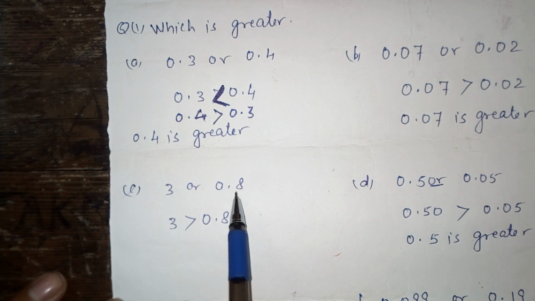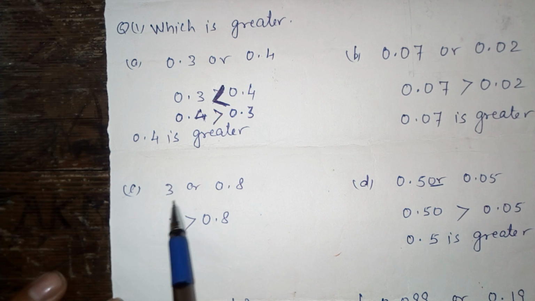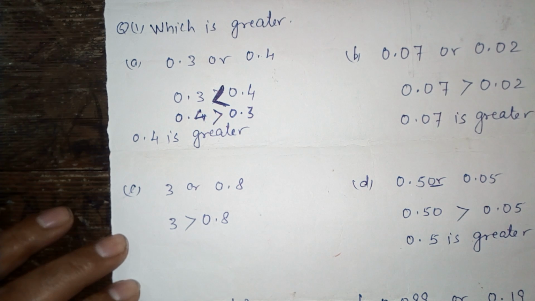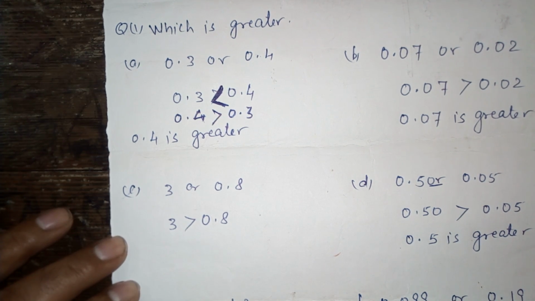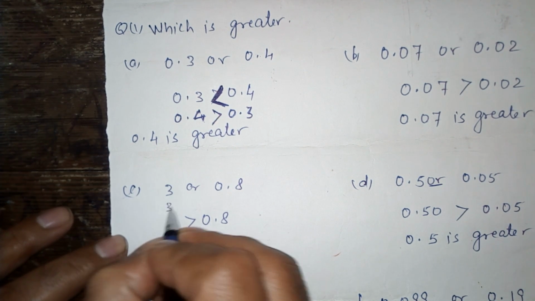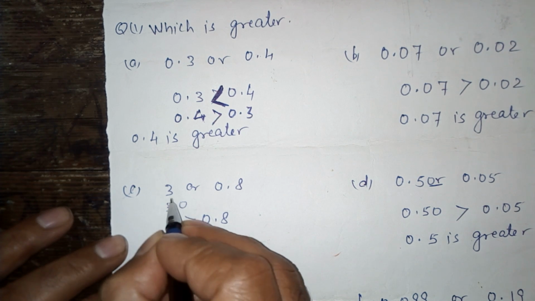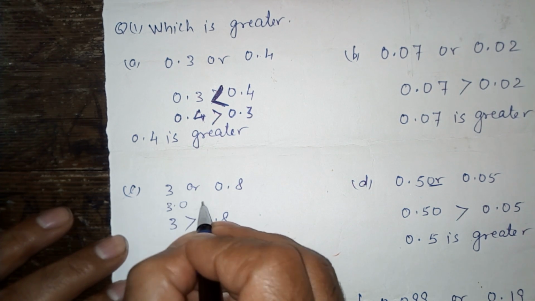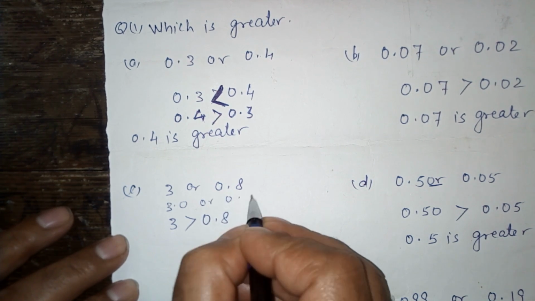Okay, your next question is 3 or 0.8. The meaning is 3 is a whole number and this is 0.8, a decimal number. You know very well, my dear students, 3 we can write as 3.0, and this is 0.8.